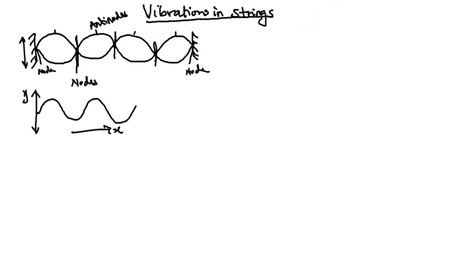We'll call that a transverse wave. There are two types of waves. We have the transverse and then we have the longitudinal. You cannot achieve a stationary wave or standing wave with a longitudinal wave. It can only be done with a transverse wave. Okay, so back to what we are dealing with.